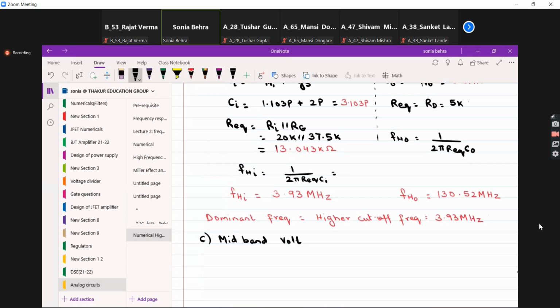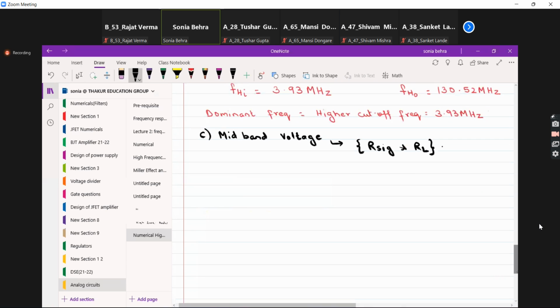Mid band voltage gain takes into consideration R signal and RL, which we had left out for Miller. So we directly have this formula: AVSL is equal to AV into RG upon RI plus RG. Just put the values and you will get it.